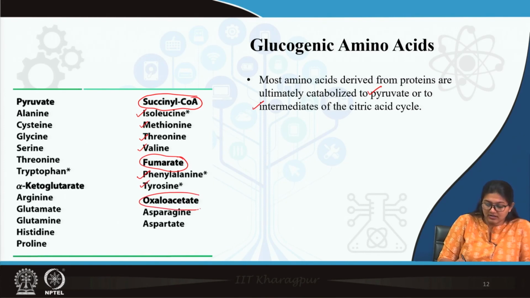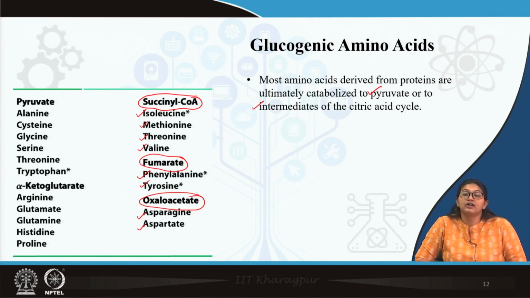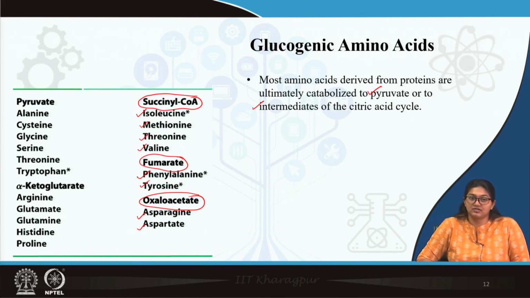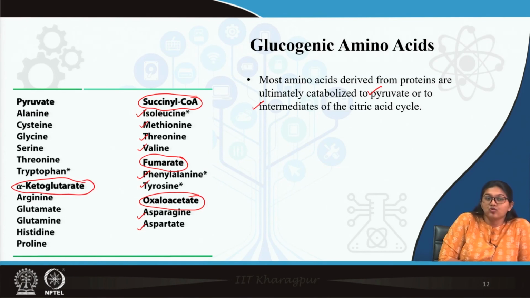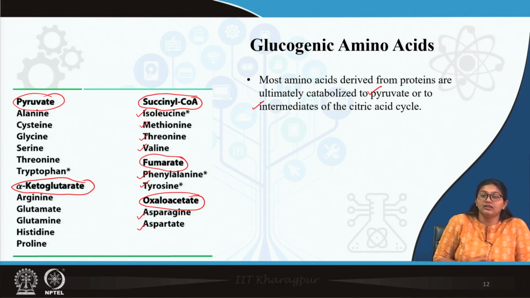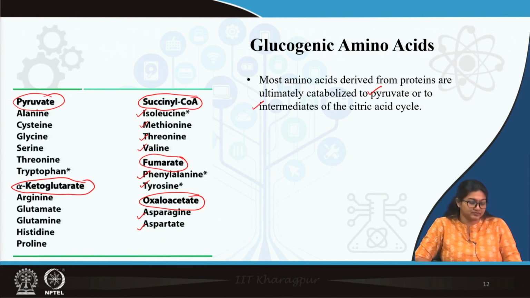Oxaloacetate can be formed from asparagine and aspartate. Mostly the reactions are transamination or deamination. Alpha ketoglutarate can be formed from arginine, glutamine, glutamate, histidine, and proline, and finally pyruvate can be formed from alanine, cysteine, glycine, serine, and threonine. These are the amino acids that can contribute to forming pyruvate.